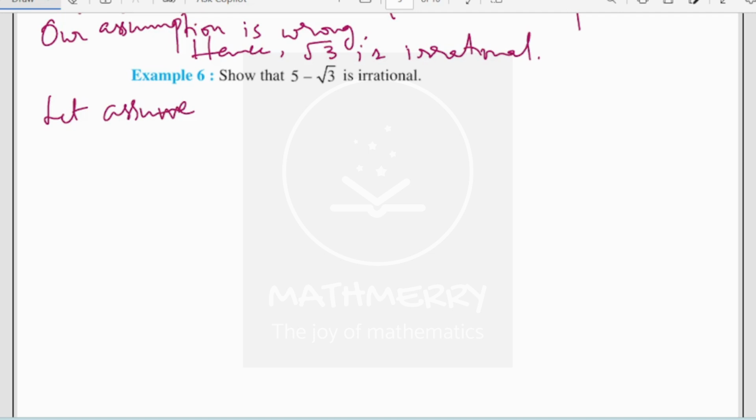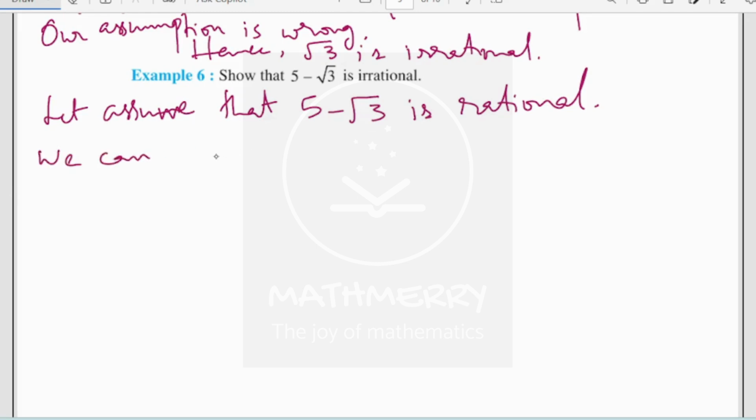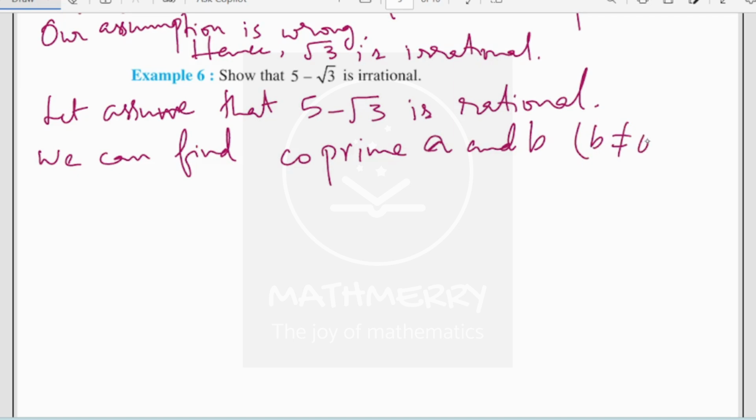What we are assuming is that 5 minus root 3 is a rational number. So that means we can find two integers, or we can say we can find coprime A and B, where B is not equal to 0.